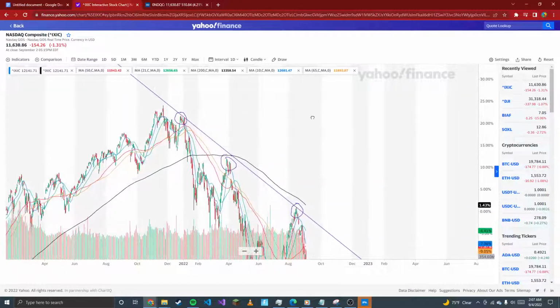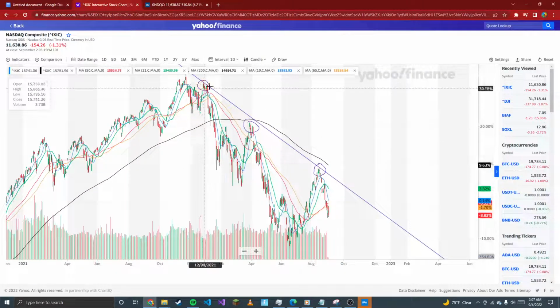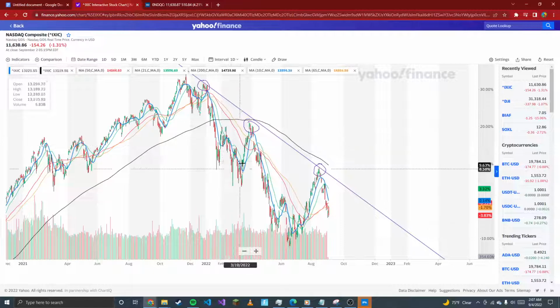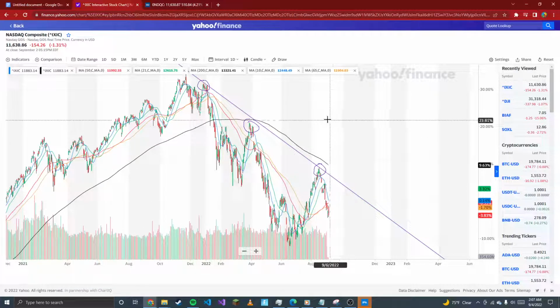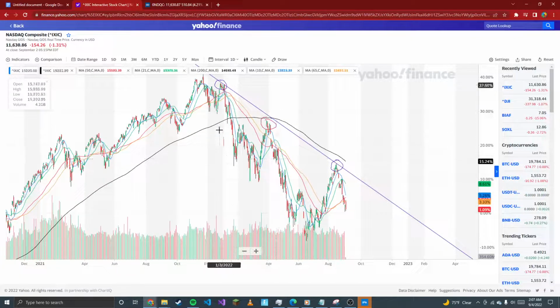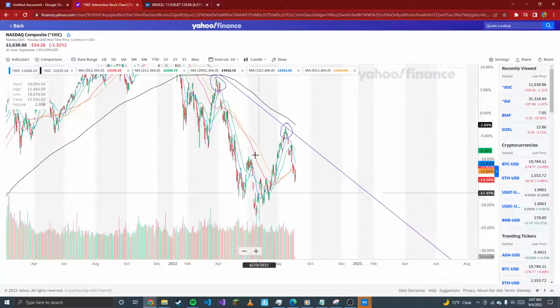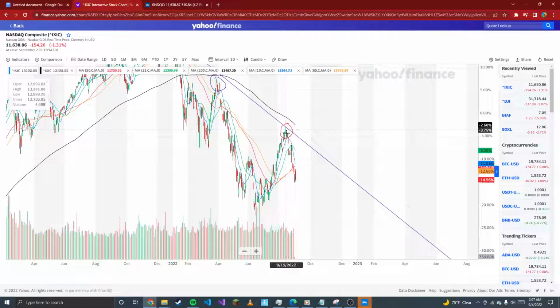It's a line, and within this line there are 3 failed rally points, in which the bears believe that the Nasdaq will not push through this line. So, for instance, when it hit here, they would have shorted and it went down. For here, they would have shorted as well as it went down. And for here, on this really big rally, they would have shorted as it has been going down.